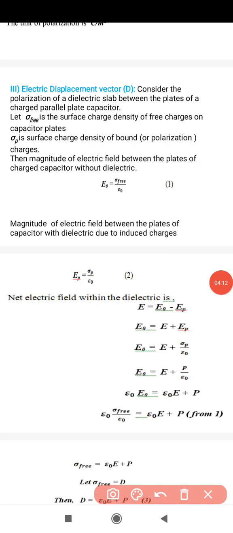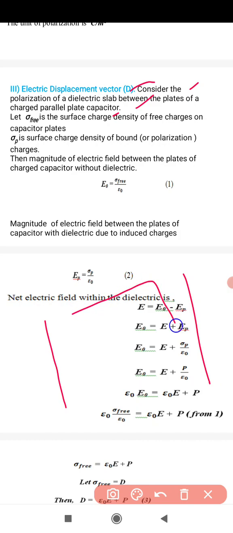Now we see the electric displacement vector. Consider a dielectric slab between the plates of a charged parallel plate capacitor. Without the dielectric slab, there is air or vacuum between the plates, with surface charge density sigma free on the capacitor plates.